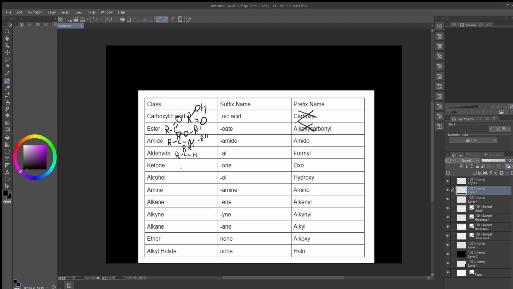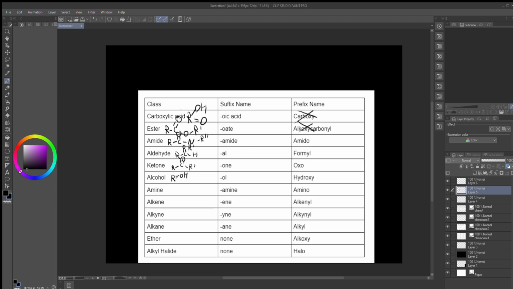And then we have ketones. Think of this as one big carbon chain, where one of the carbons is double bonded to an oxygen. The suffix is "one," but pronounced "own." Prefix is oxo.